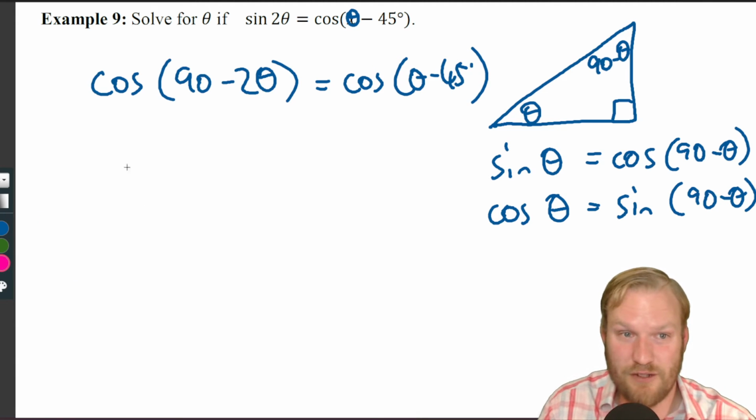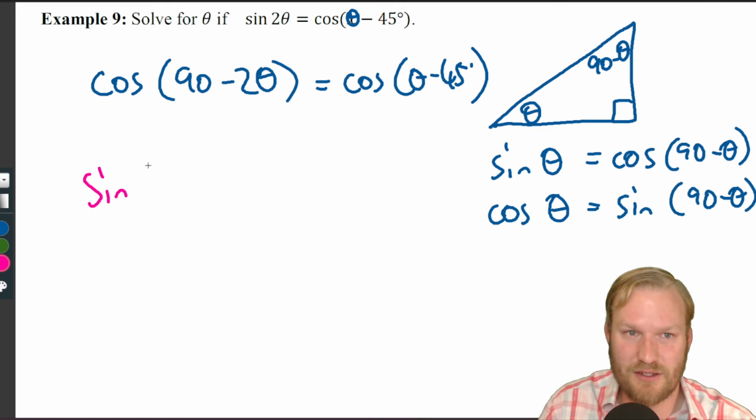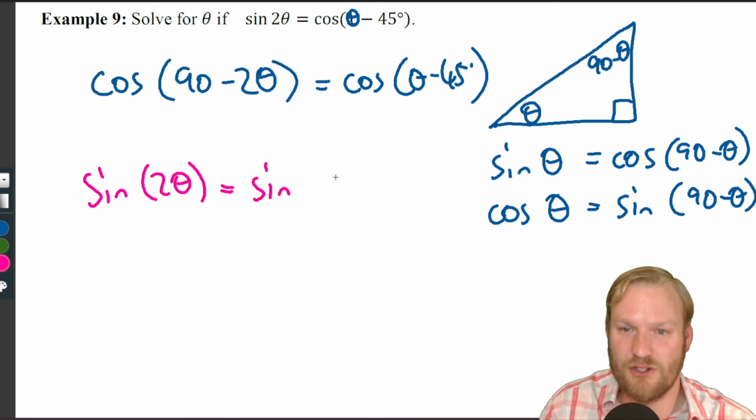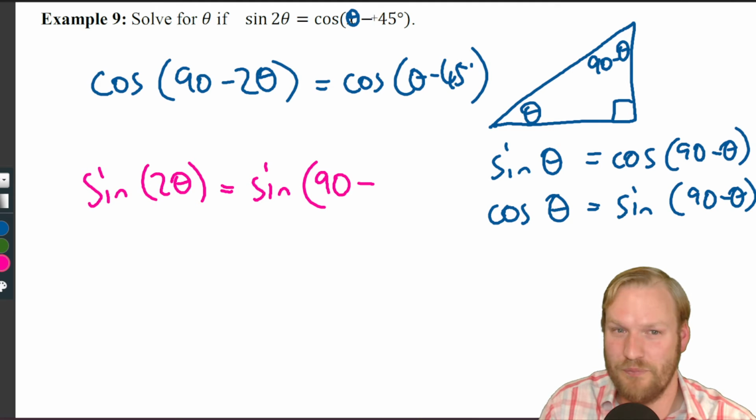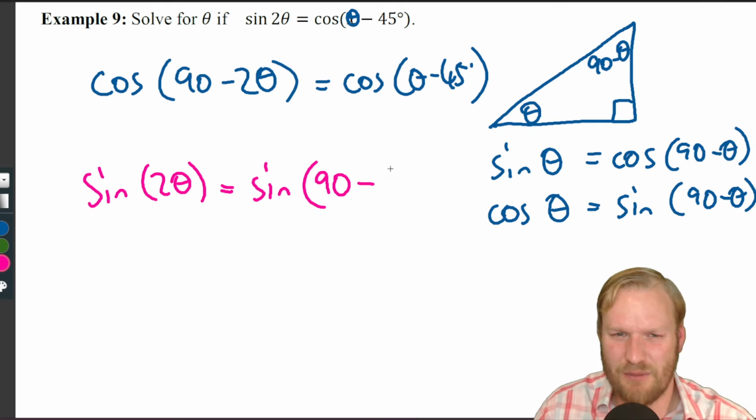Alternatively, what you could have done is kept this as sine 2 theta and changed the right-hand side to sine and gone 90 minus that angle there. Now, this is why I went for the first option, because I worried about 90 minus. Now I've got brackets and brackets, more brackets and minus. At least with the 90 and the 45 we just have theta.